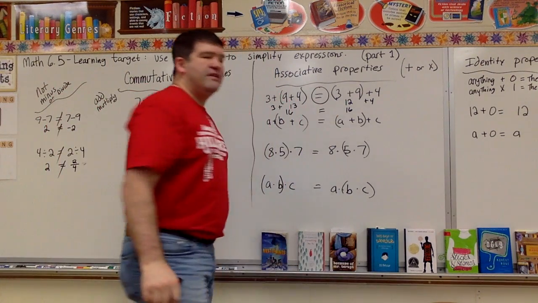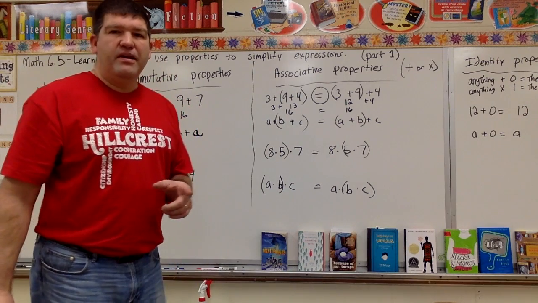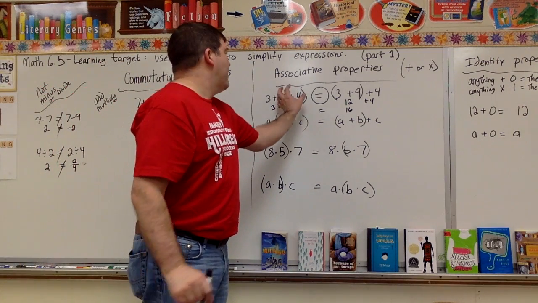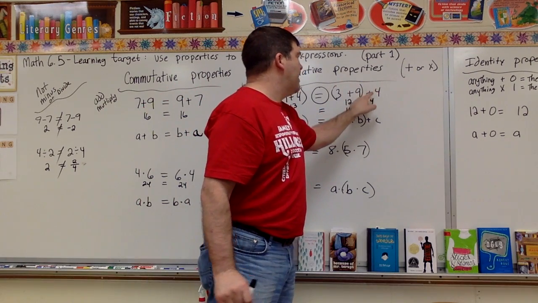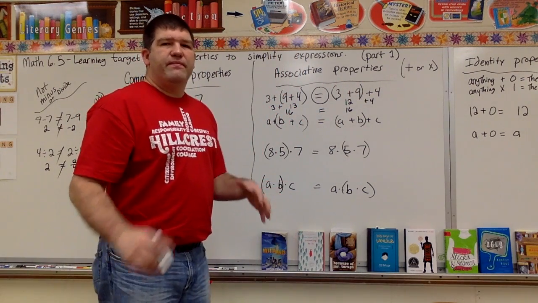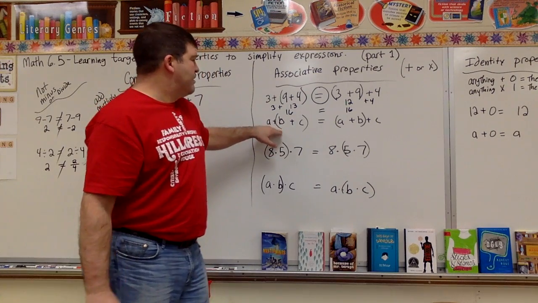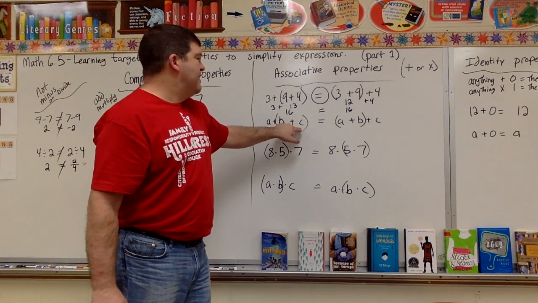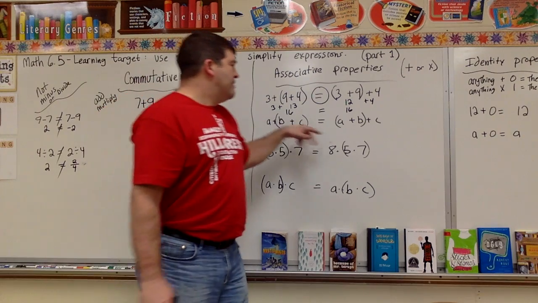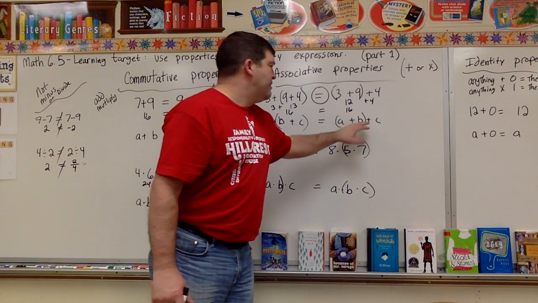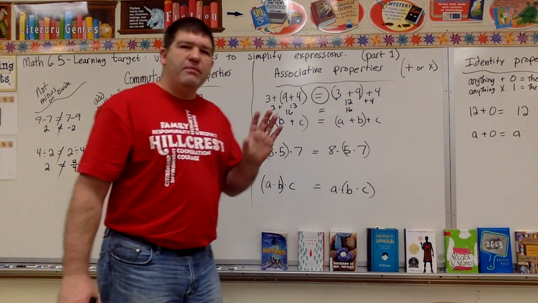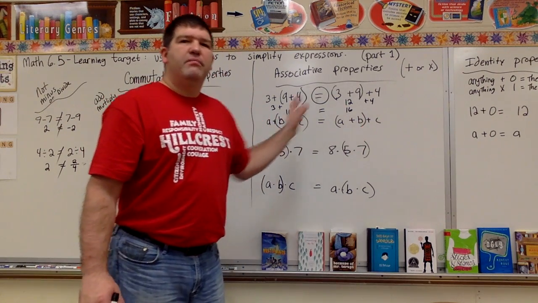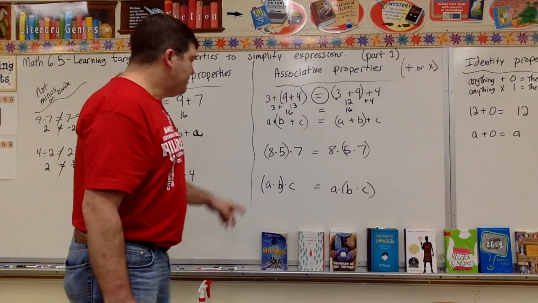So yes, these are equal. It doesn't matter with addition if I group these together first or if I group these together first. So I showed you here, b plus c first and then add a is going to get me the same as a plus b, then add c. They're in the same order, but it doesn't matter what you do first.